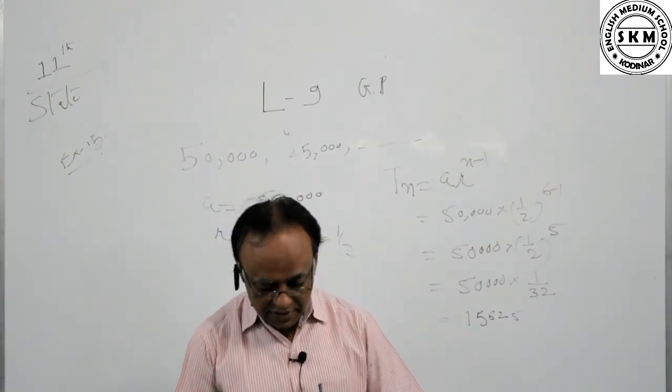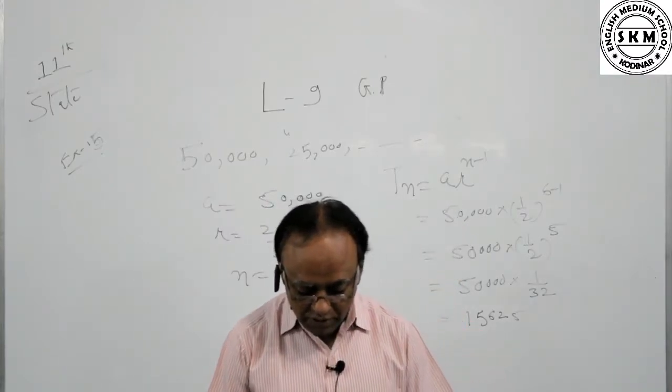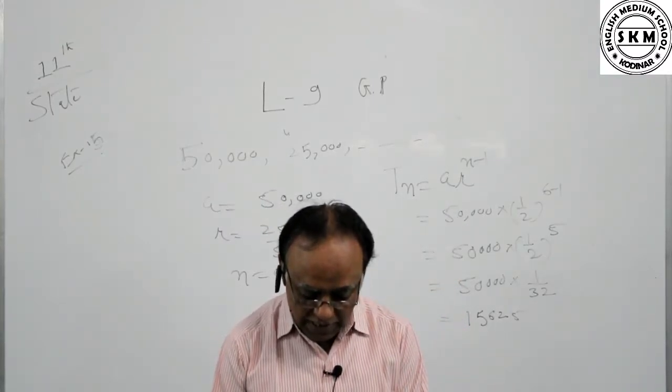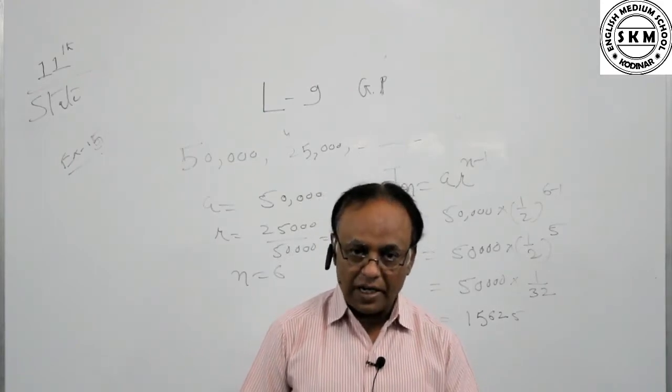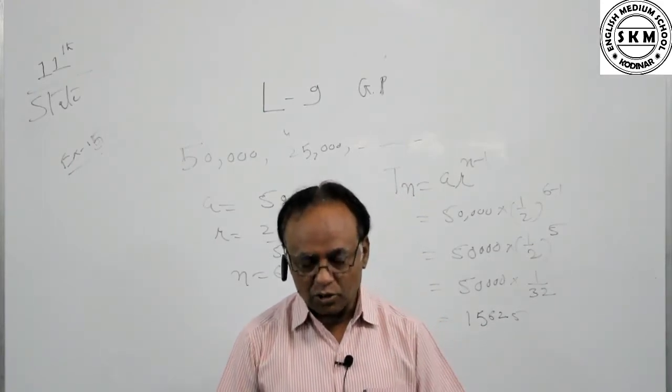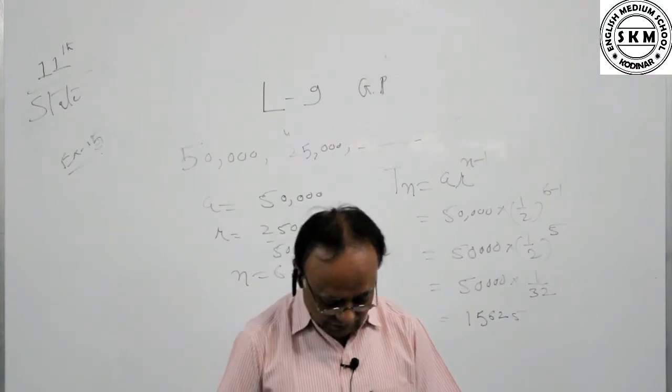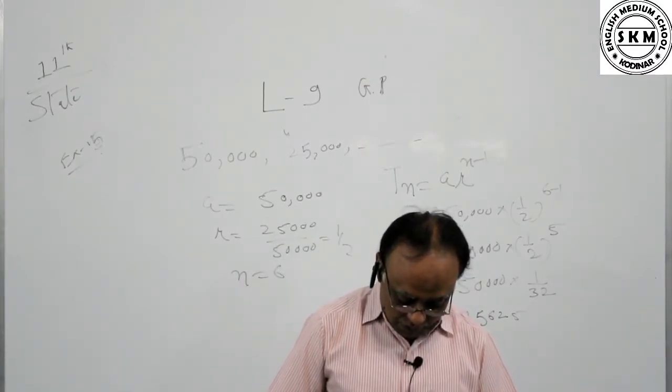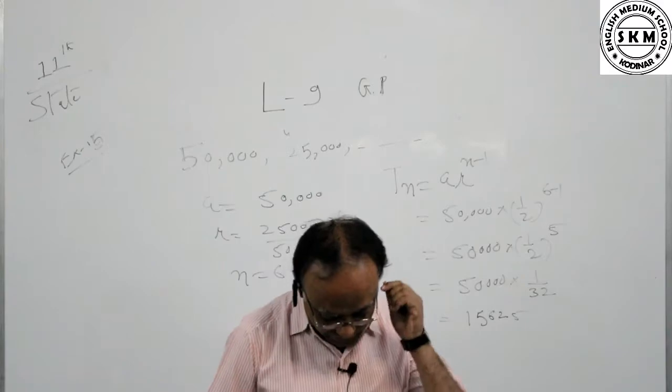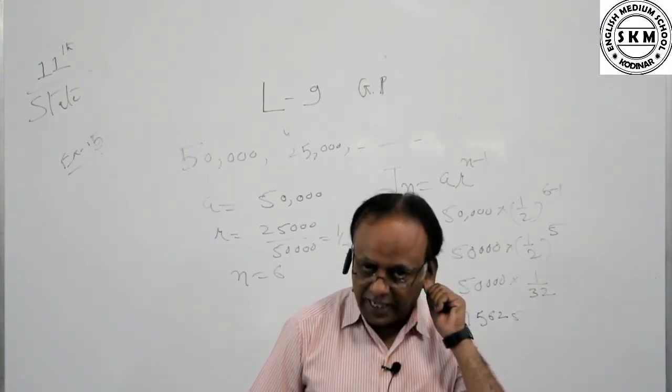After 6 years, so here we take n is equal to 7, so we take the plus 1. So it is 6 plus 1, it is 7. Now what is a? a is equal to 50 lakhs.